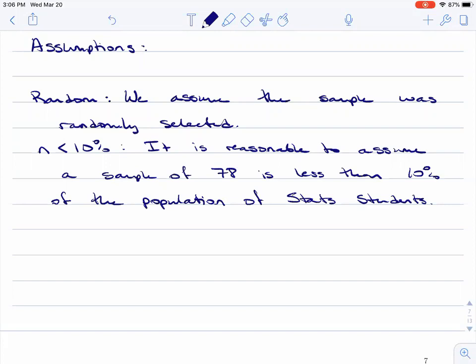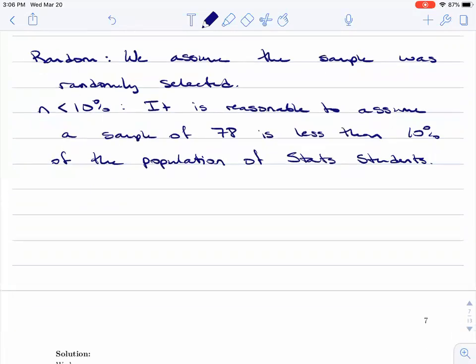Here's an assumption I'm making. We're doing a hypothesis test, which I just shorthand to HT, since I'm introducing it here. And then of course, CI, confidence interval.